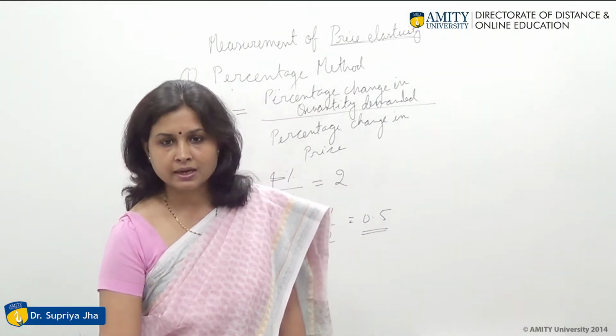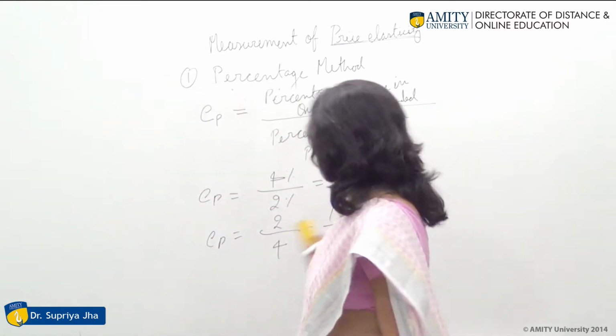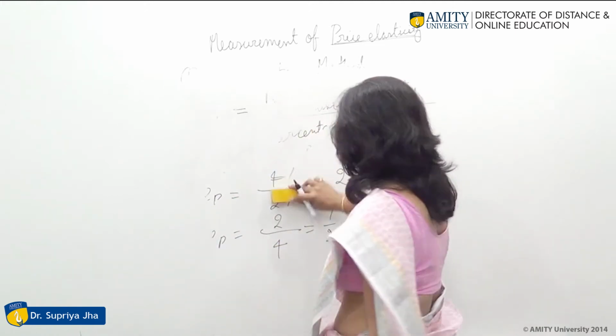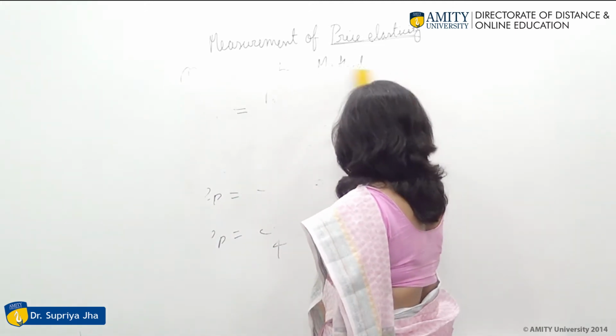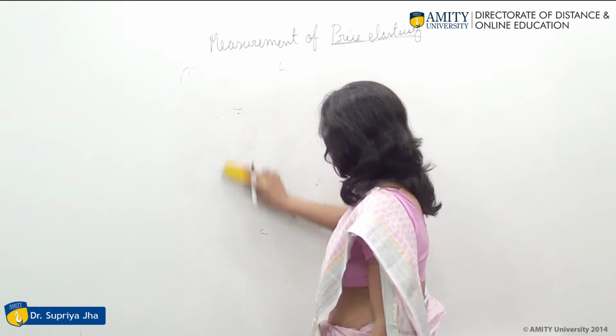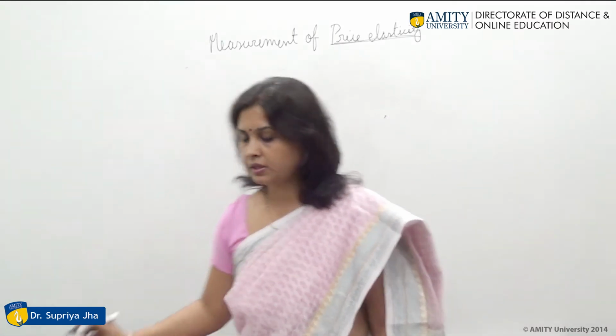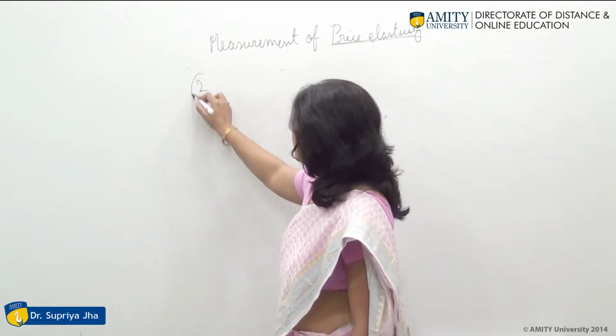Now we will discuss the second method, which is known as arc method or midpoint formula. The second method of calculating the price elasticity of demand, arc method.